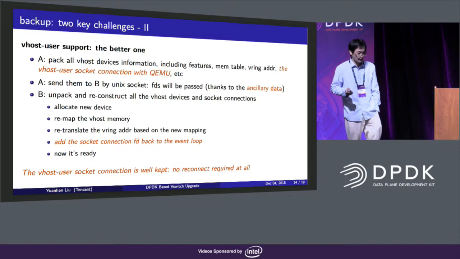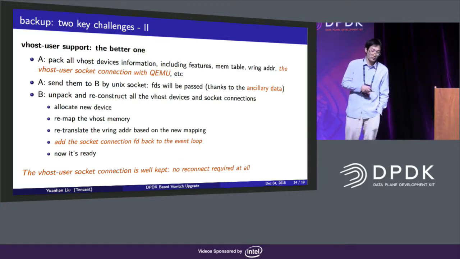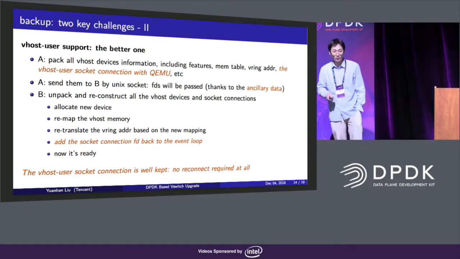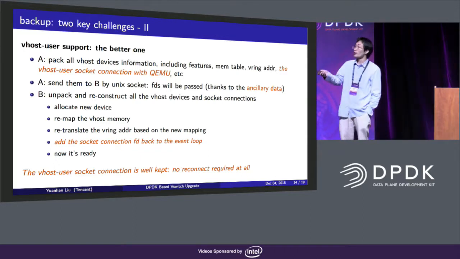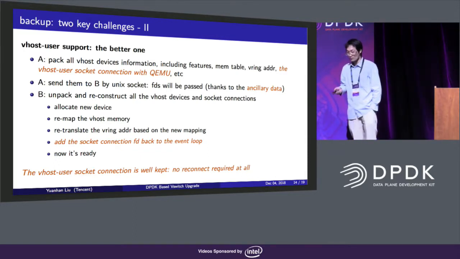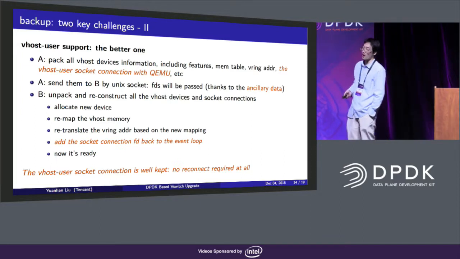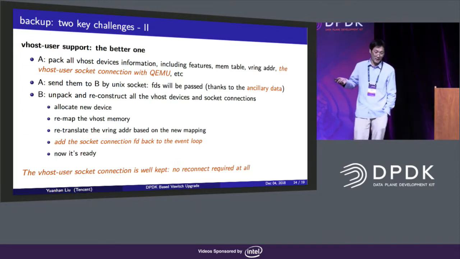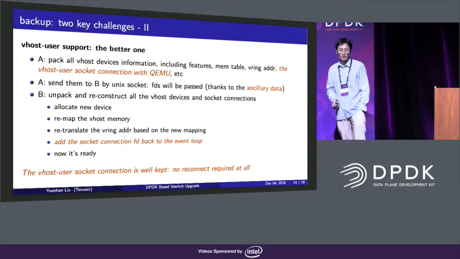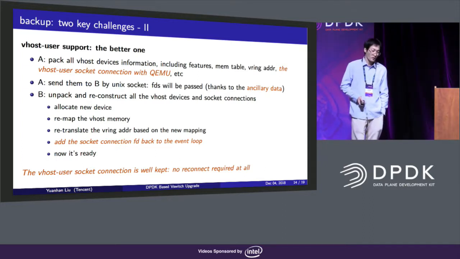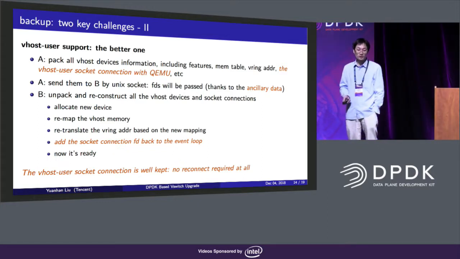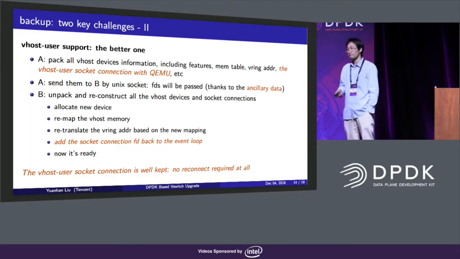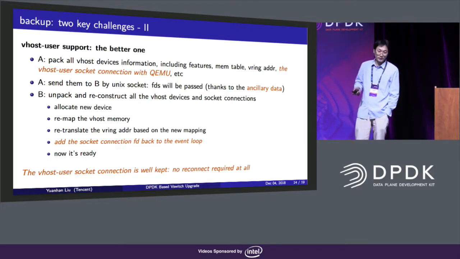And then when B receives all the data, it will unpack and reconstruct all the vHost devices and also the socket connections. And here is the step for constructing one single device. How to do that? Well, we allocate a new device, and we remap the vHost memory, and we retranslate the vring addresses based on the new mapping. And we also add the socket connection FD back to the event loop.